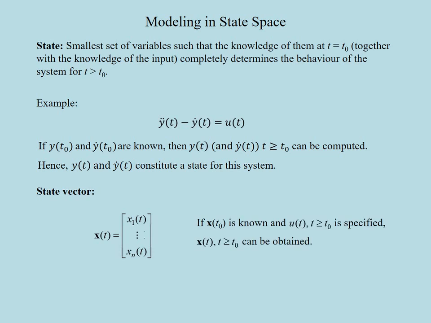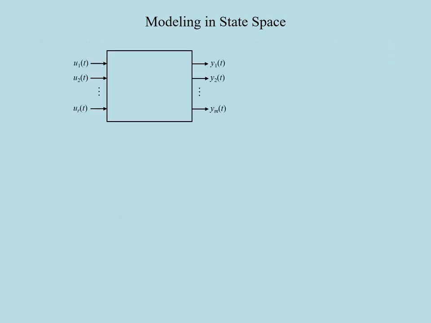So the knowledge of the state vector at a particular initial time t sub 0 together with the future input values can be used to obtain the state vector for all values of t greater than t sub 0. Now consider a multi-input, multi-output system with r inputs from u1 to ur and m outputs from y1 to ym.